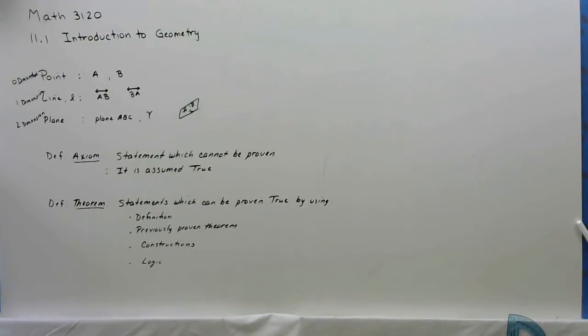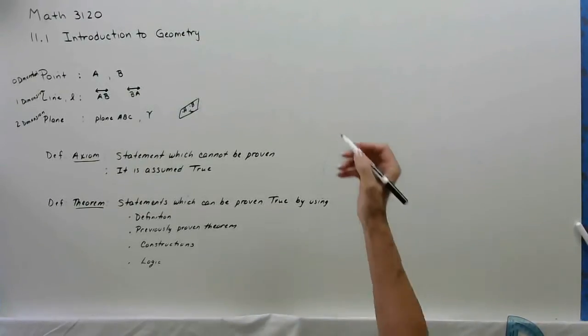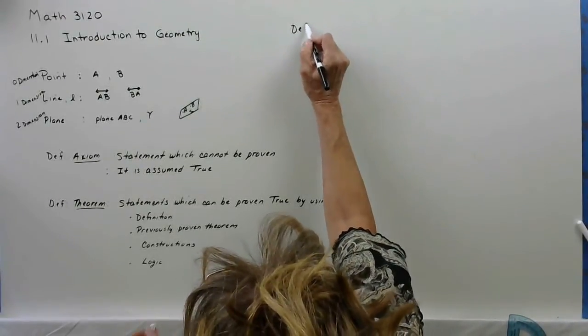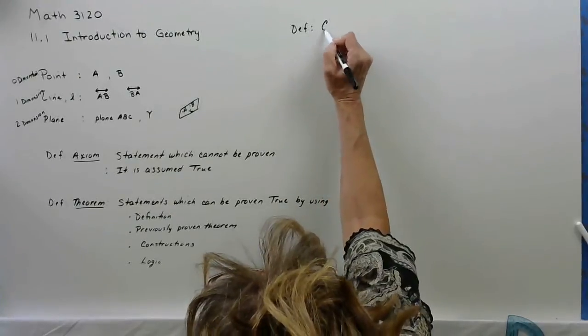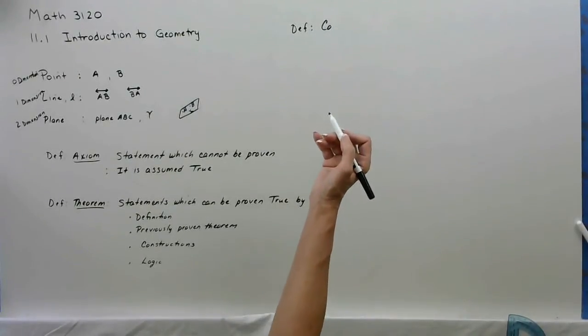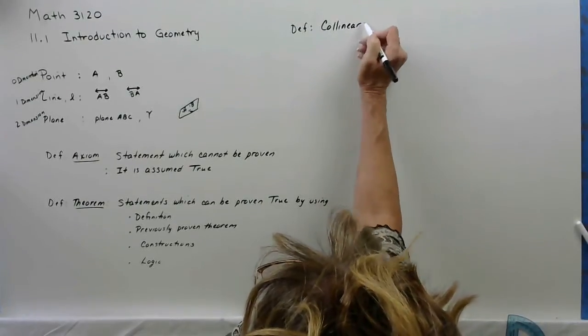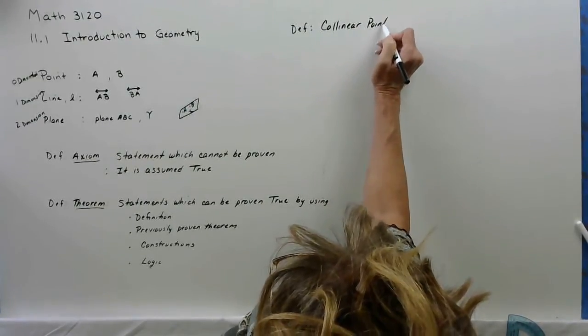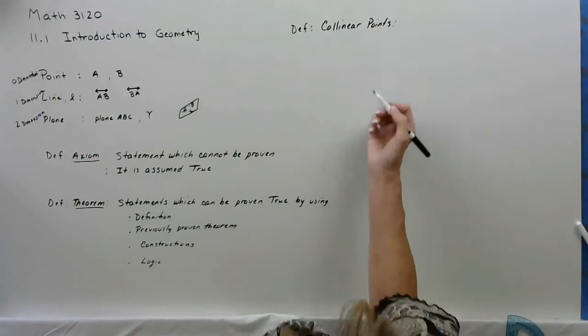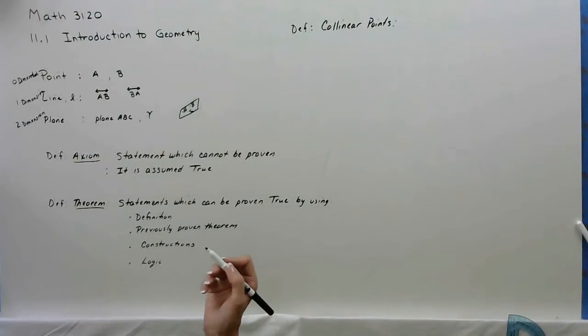Now, since we're going to start off talking about a little bit of lines and planes, let's take a look at what we mean by definition of collinear points. That prefix co usually means with.